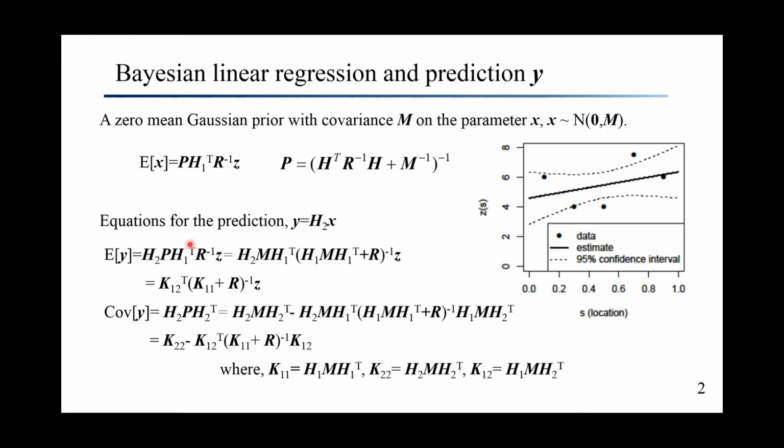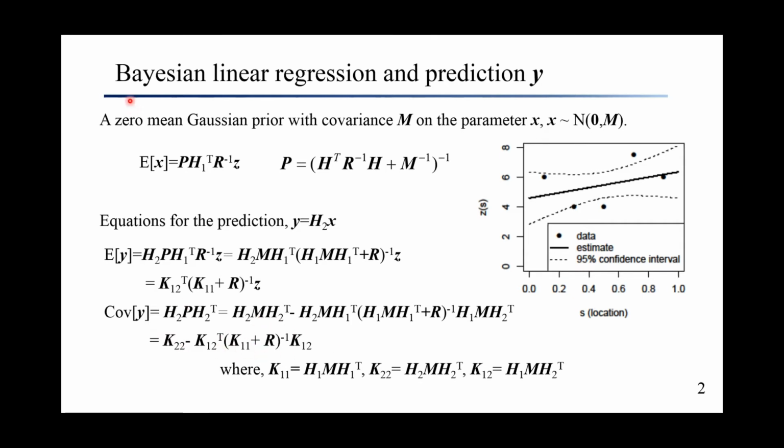We can predict the value at any location by using the estimated slope and intercept. Simply, we substitute these estimated values into this one. We can get this prediction, and the covariance matrix of the prediction.